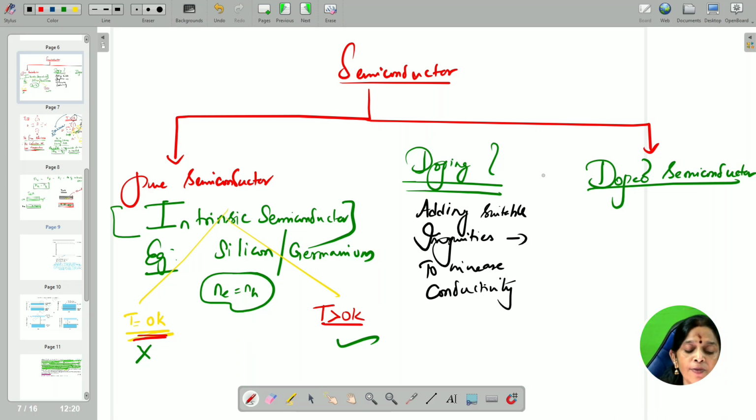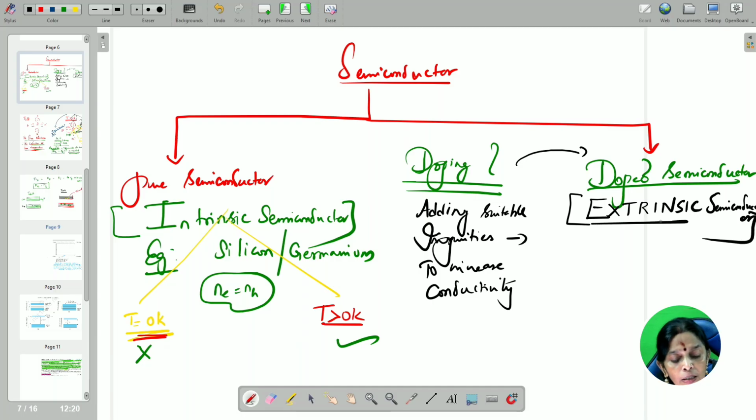So this kind of semiconductor is called a doped semiconductor, or you can simply call it an extrinsic semiconductor. What is an intrinsic semiconductor? That is a pure semiconductor, whereas an extrinsic semiconductor is a doped semiconductor. So what is doping, children?